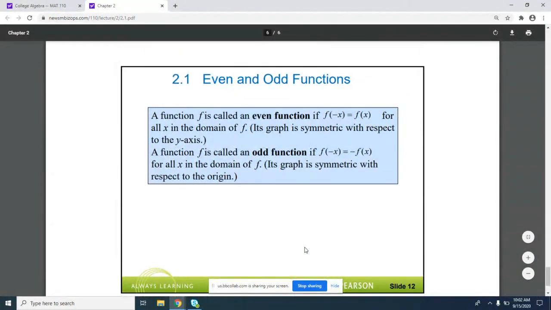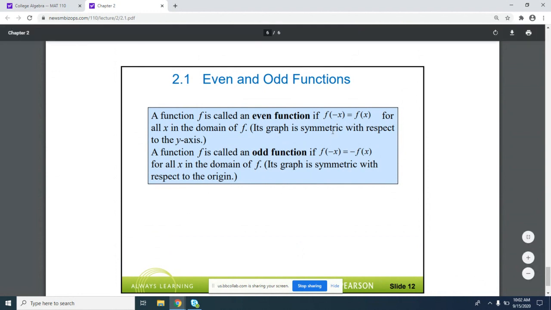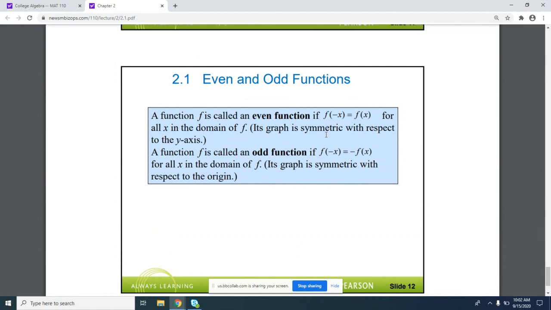But here we have the concept of even and odd functions. A function is an even function if f of -x is equal to f of x. And we're going to talk about that formulation in just one second.